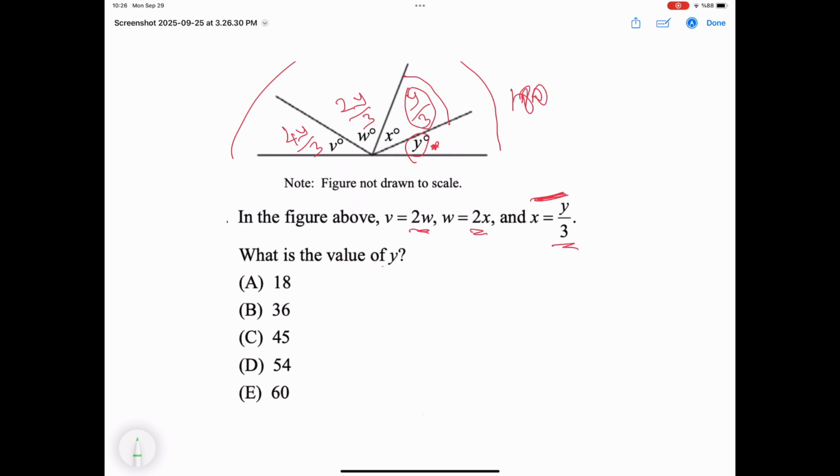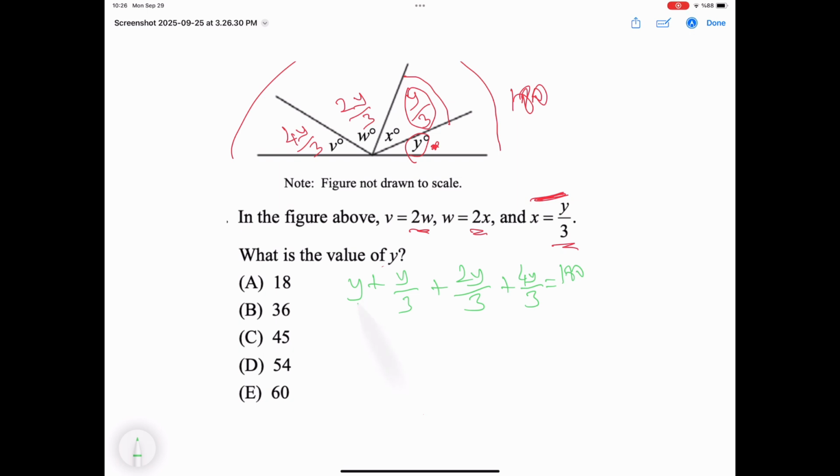And their total value should give 180, because they are on a straight line. So y plus y over 3 plus 2y over 3 plus 4y over 3 is 180 degrees.